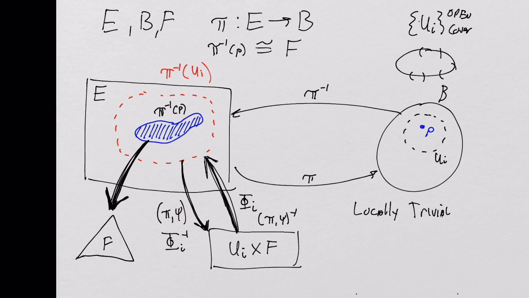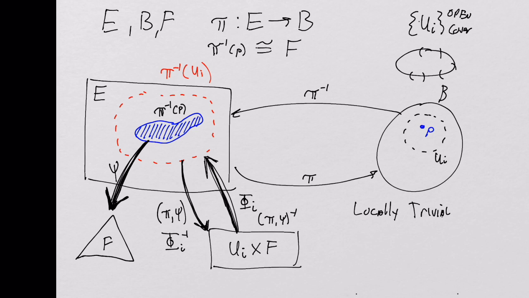And that's what phi is. So I can put phi right here also. It's only this other mapping, the mixture of phi and the projection, that we're calling a diffeomorphism onto this trivial structure.